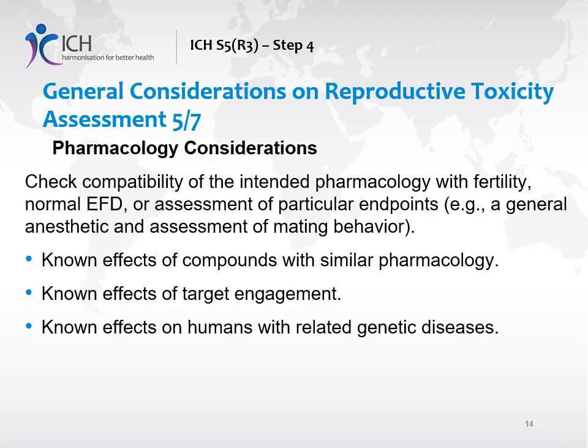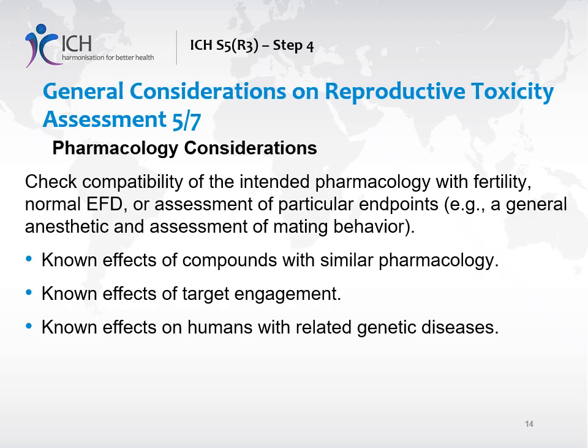Before designing a testing strategy, it should be determined if the intended pharmacologic effects of a pharmaceutical are known to be incompatible with fertility, normal EFD, or assessment of particular endpoints, e.g. general anesthetic and assessment of mating behavior. This assessment can be based on data with other pharmaceuticals with similar pharmacology, known effects of target engagement, or on knowledge of effects in humans with related genetic diseases.